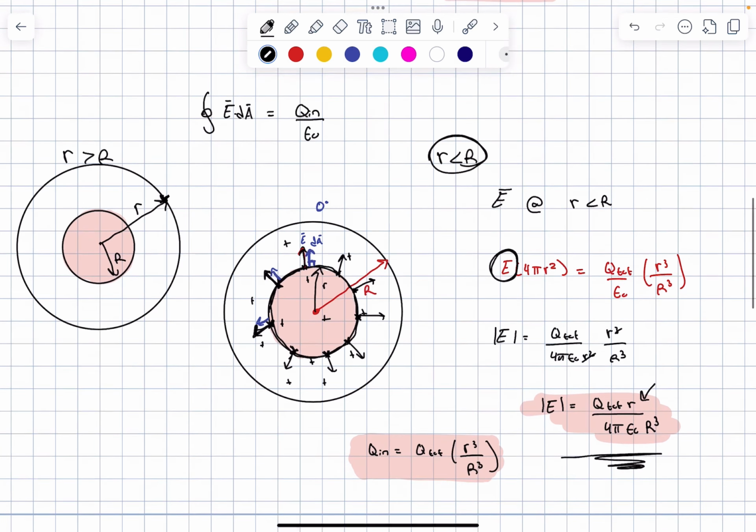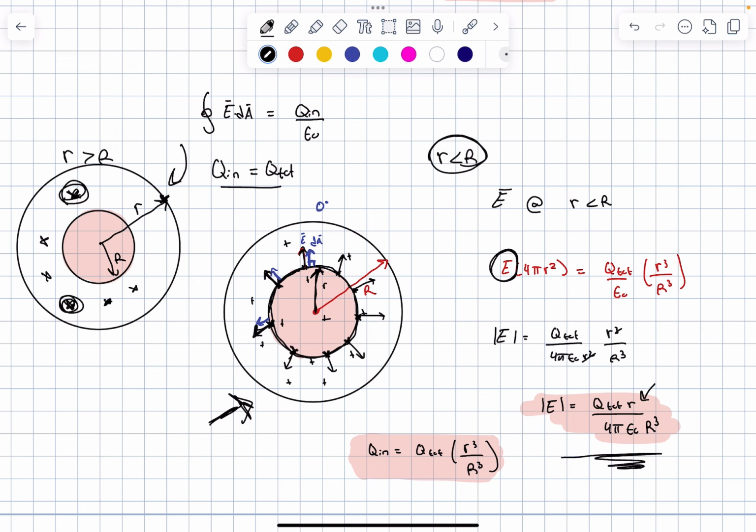Now, Q in, in the earlier case, changed depending on how big my little r was, depending on whether I was enclosing most of my insulator or a little bit of it, where there's less charge or more charge. But here, there is no charge in this empty space. So in this case, Q in is equal to Q total, because there is no extra charge around here.